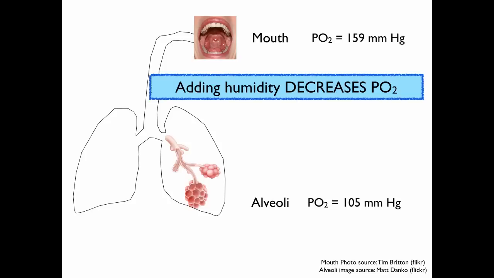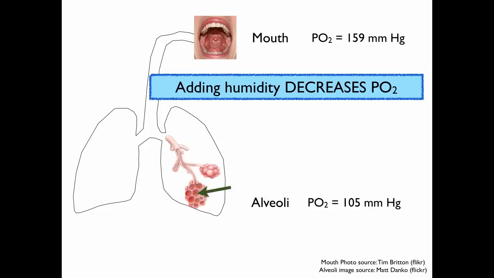This is where we're going to start this video. I'm going to explain how the PO2 of 105 in the alveoli affects the partial pressure of oxygen in the blood surrounding the alveoli and how it's transported out to the tissues.